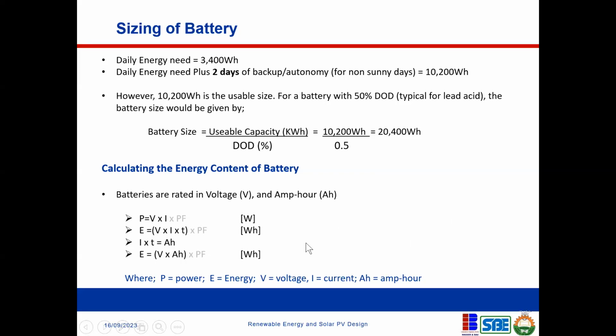Yes, it's clear now. I asked that question because if you check the caption here, calculating the energy content of the battery, there is a faint power factor in this case. That is why I asked.